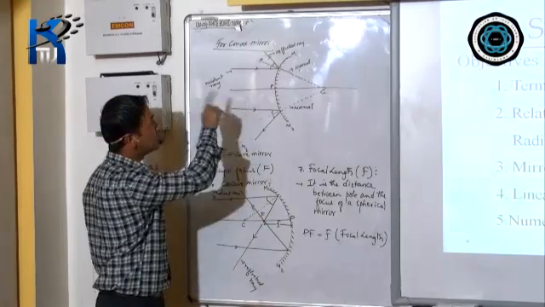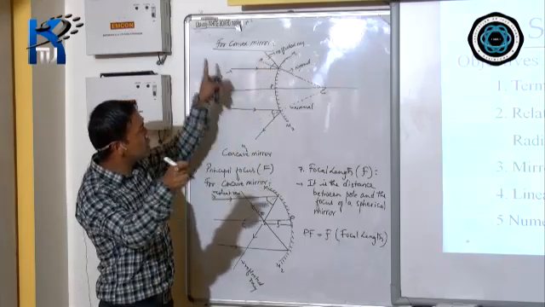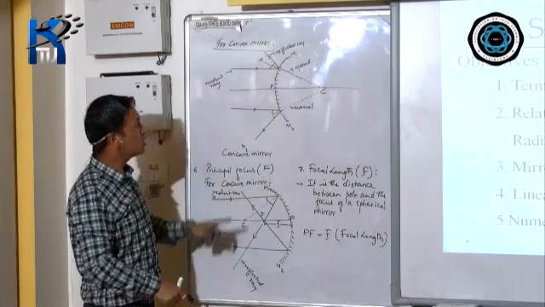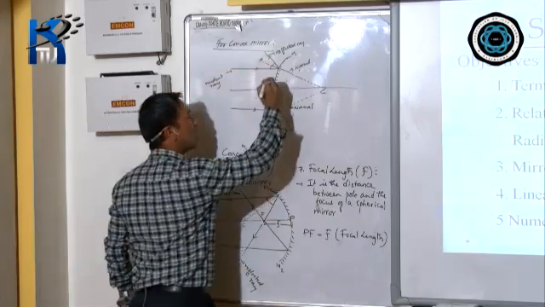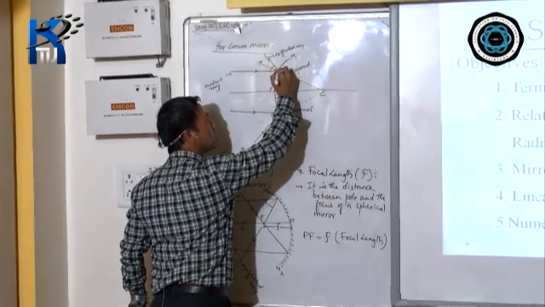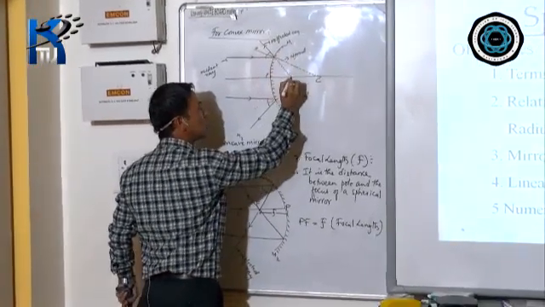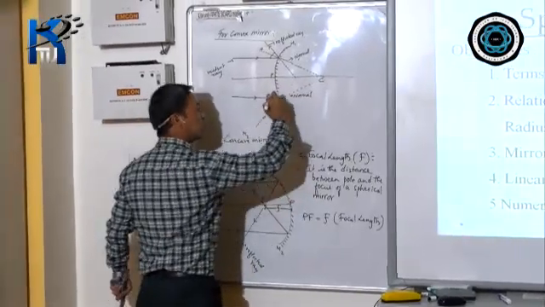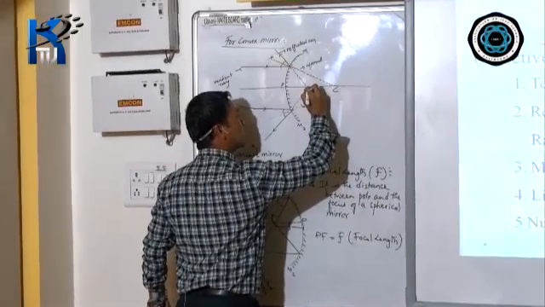For a convex mirror, these rays are diverging. But in order to make these rays meet at a particular point, I can draw a backward line from this point of incidence, and it will meet somewhere out at this point. I can draw a backward line from this point also, and that also meets at a certain point.